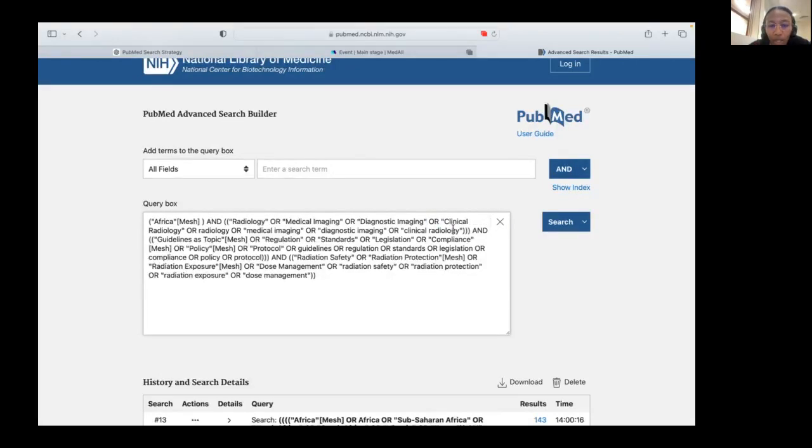So I'm starting now by removing all the MeSH terms and then going through the different terms. We have radiology, medical imaging, diagnostic imaging again. Because when you include a MeSH term, you can repeat the words, so we'll just remove the repeats. So we have radiology, clinical radiology.